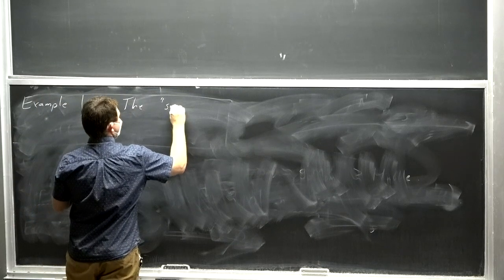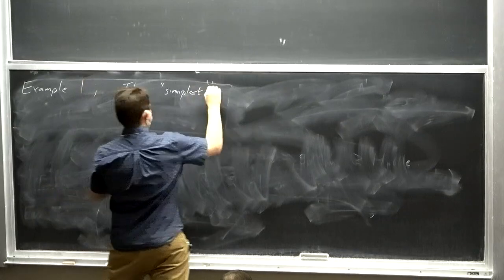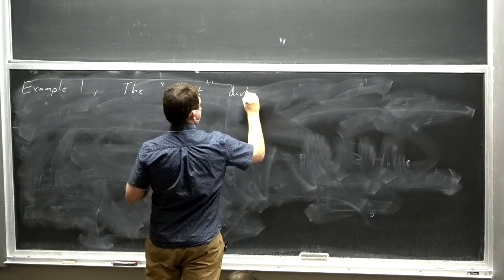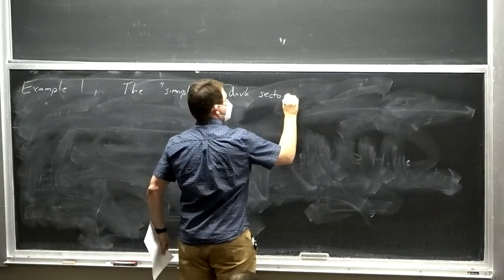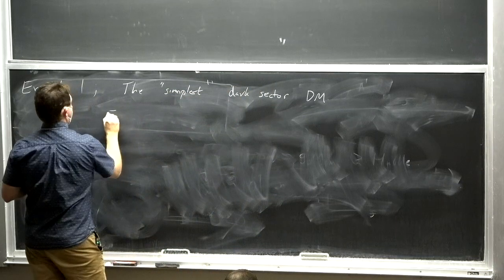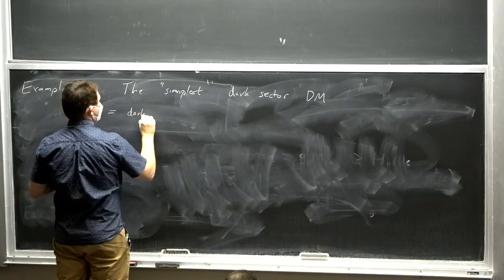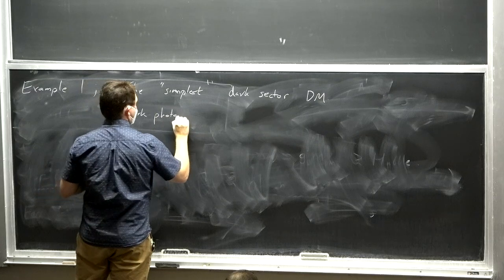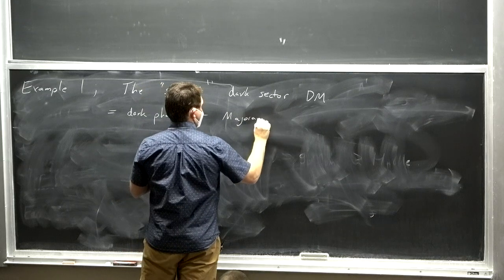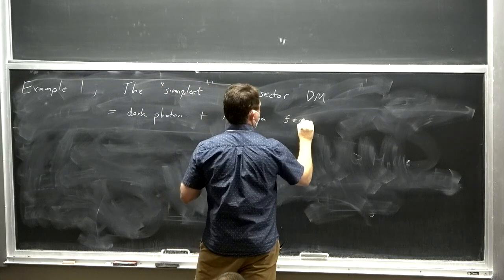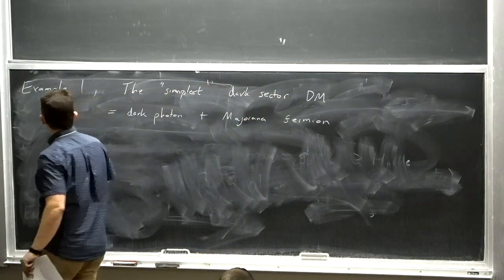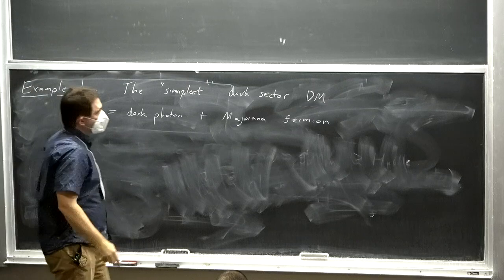So the simplest dark sector DM. And this will comprise, so we'll use a dark photon mediator plus a Majorana fermion. Okay, and I'll talk about UV completions of this shortly, and by shortly I mean tomorrow.